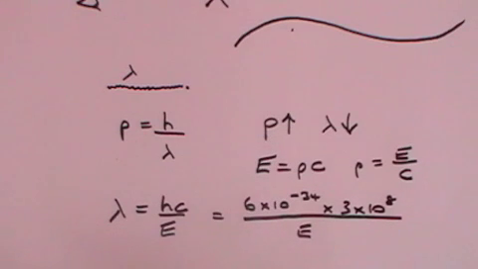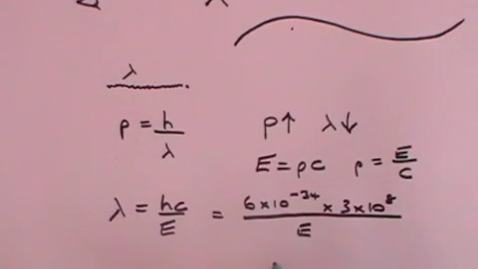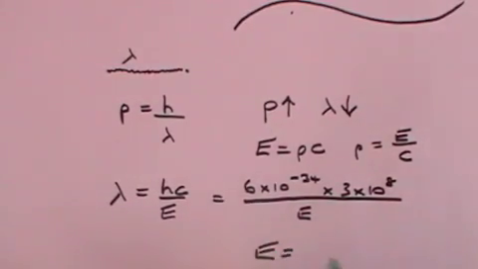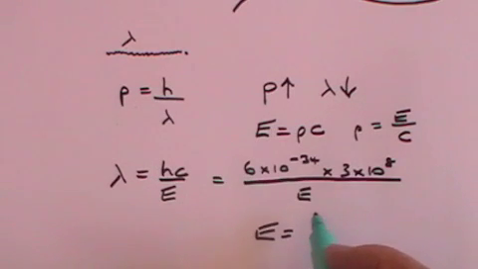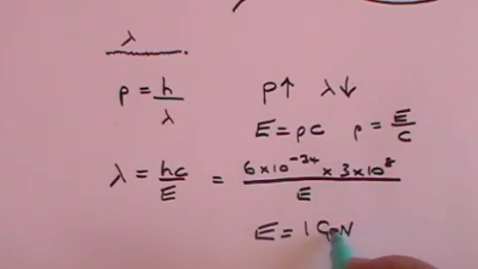Now, if I want lambda to be of the order of 10 to the minus 15 meters, then you will see that the energy will have to be of the order of 1 GeV, 1 giga-electron volt of energy. And usually you would use electrons.